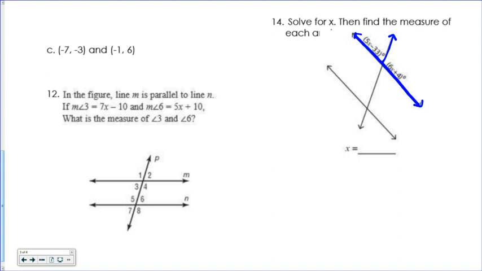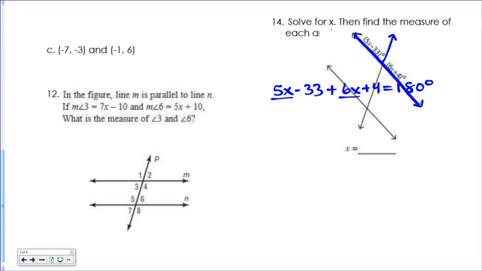They make a straight line. So I'm going to say that 5x minus 33, that's my first angle, plus my second angle, which is 6x plus 4, equals 180 degrees.